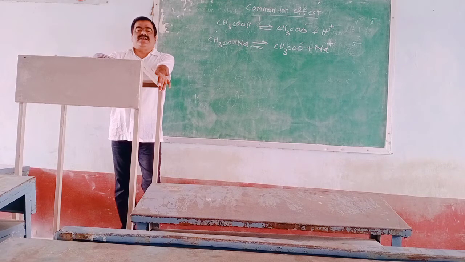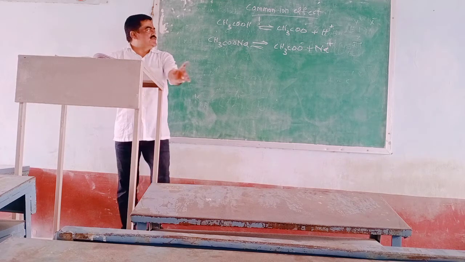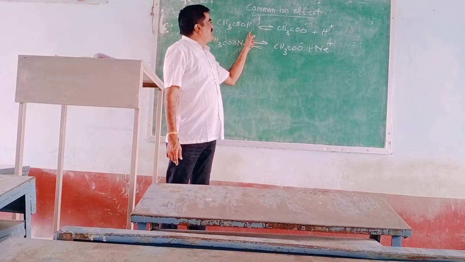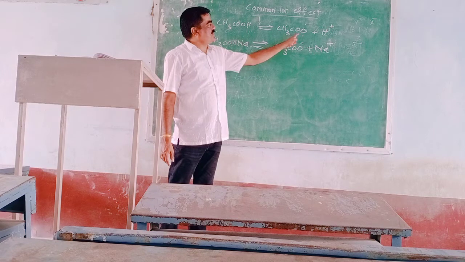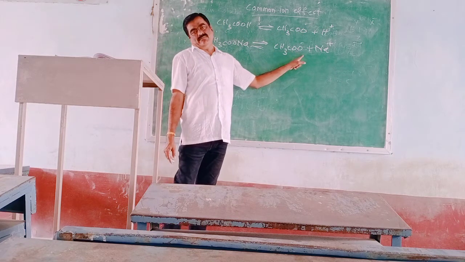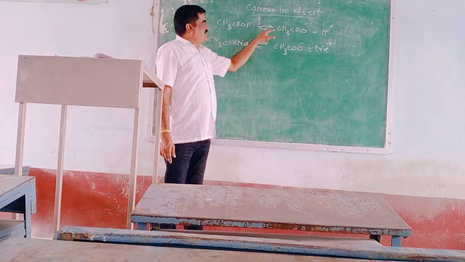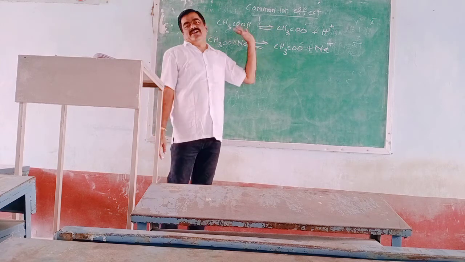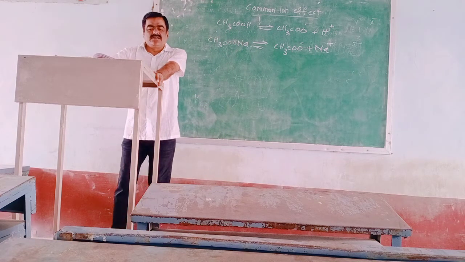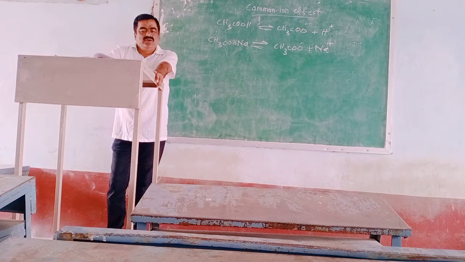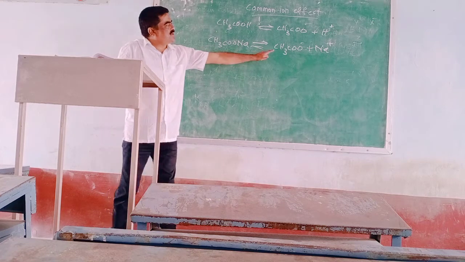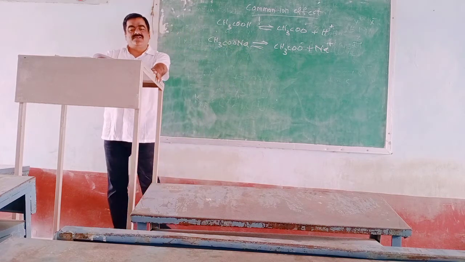Both the acid and the salt produce CH3COO- ions. The weak acetic acid dissociates into CH3COO-, as well as its salt dissociates into CH3COO-. And CH3COONa dissociates completely, therefore it provides a high concentration of CH3COO- ions.